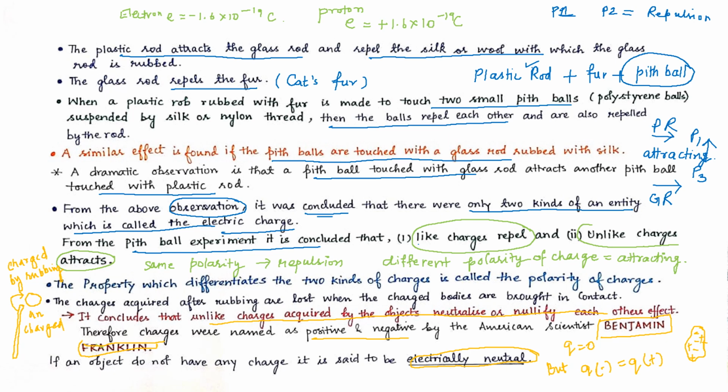If this body contains three negative charges, then to make this body electrically neutral, we need to add 3 positive charges to this body. Any electrically neutral body is not a body with charge equal to 0, but a body which has an equal number of negative charges and positive charges. So make a note of it. An electrically neutral body has charge on it, but the polarity of charges is balanced well.